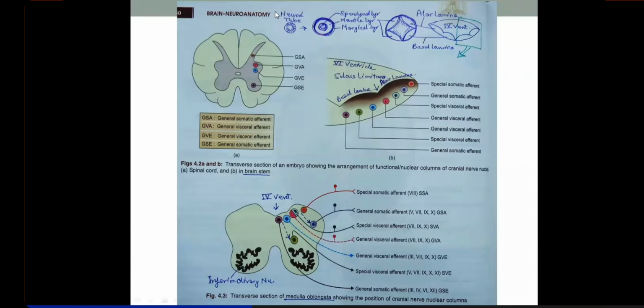Then the middle layer is called the mantle layer. This mantle layer forms the gray matter of the CNS. Then the outer layer is the marginal layer, which forms the white matter. Clear?